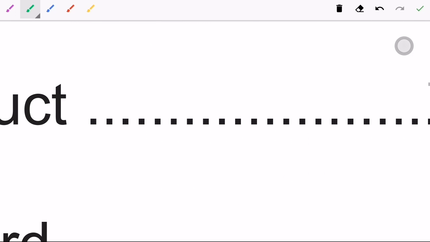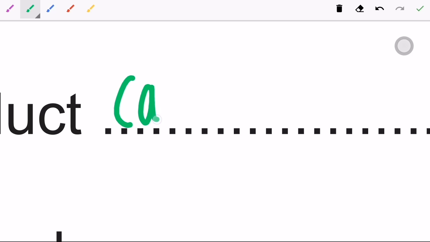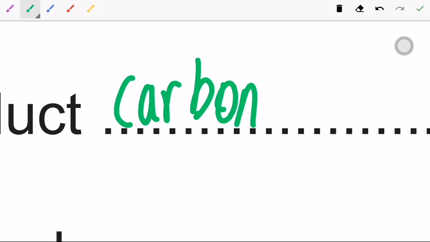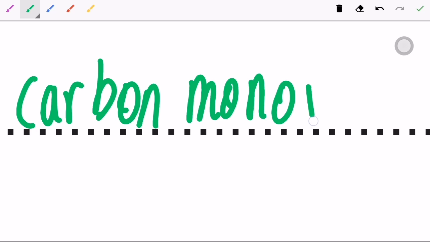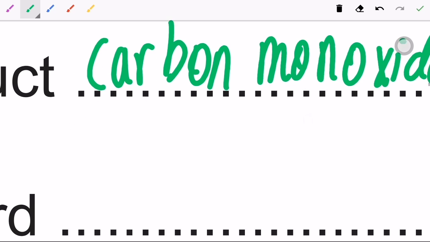You must know what carbon monoxide does in detail and in a nutshell. In detail, it clings on to the hemoglobin in the blood, and it prevents the blood from carrying oxygen efficiently.